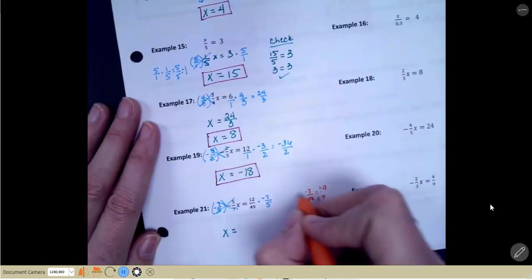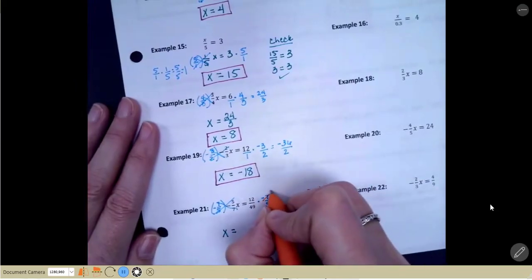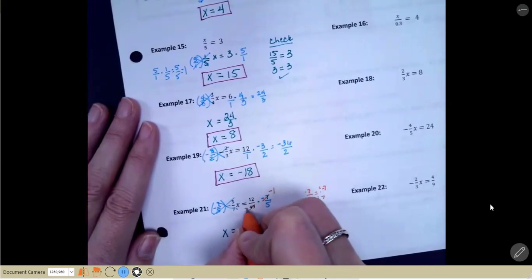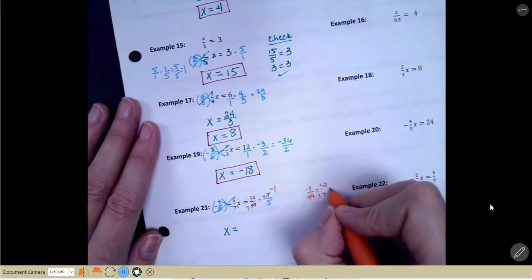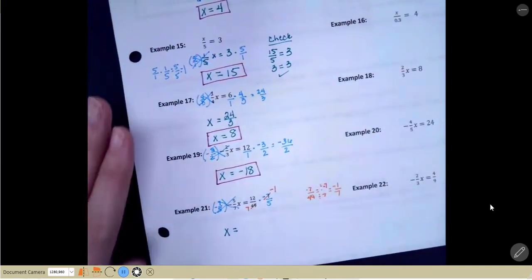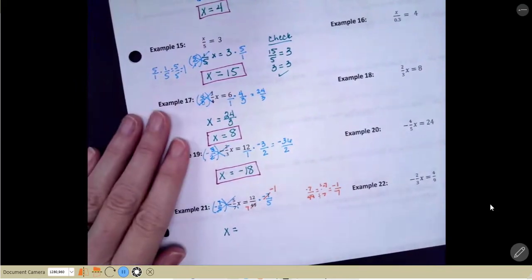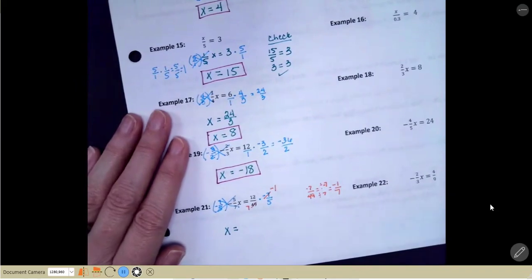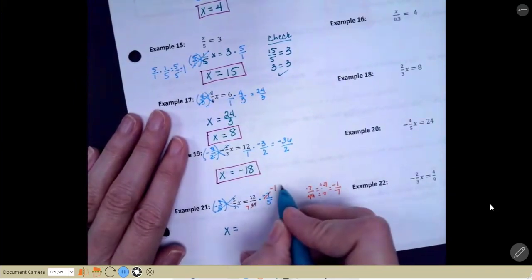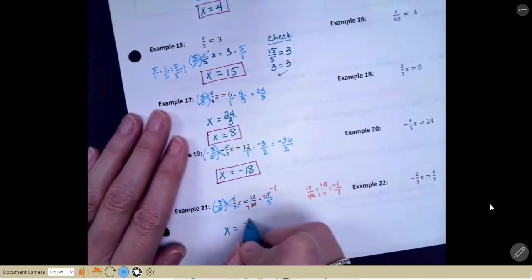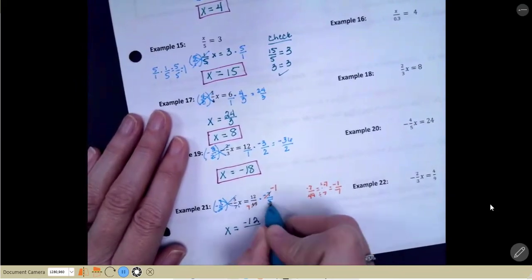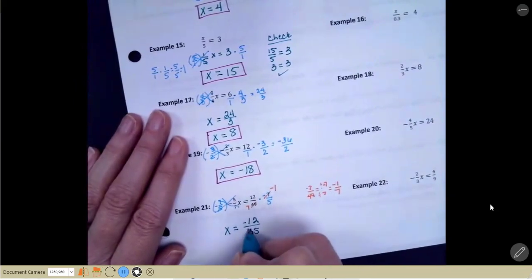And so when you do that, this becomes a negative 1 and this becomes a positive 7. So 12 over 7. So then I'm multiplying straight across and I end up with 12 times the negative 1 is negative 12 and 7 times 5 is 35.